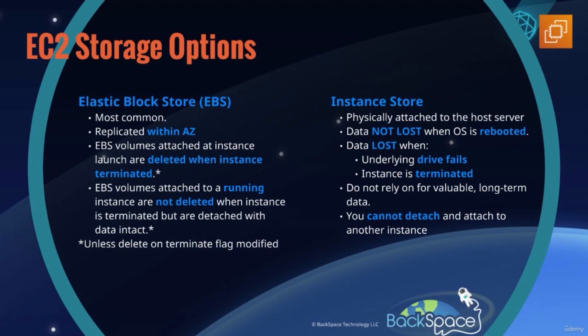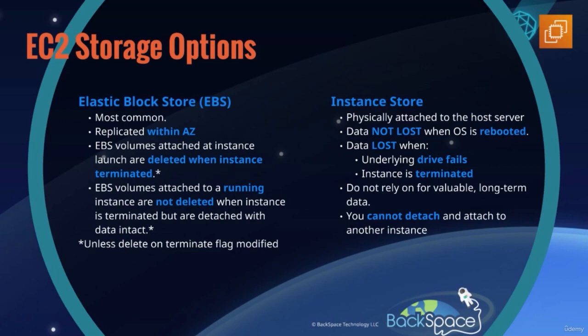Instance store volumes are physically attached to the host EC2 instance. Data is not lost when the operating system is rebooted, and that's the same for an Elastic Block Store backed EC2 instance as well. But the data will definitely be lost if there's an underlying drive failure, because we don't have any replication there.